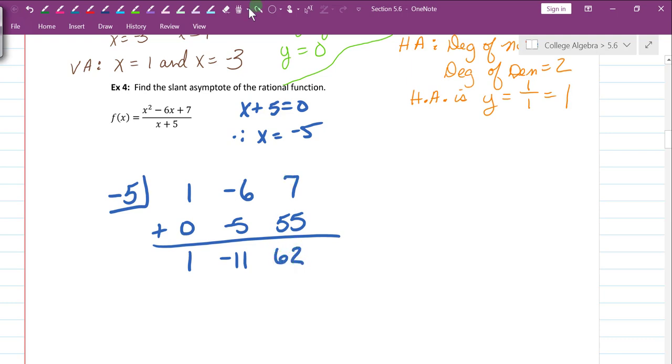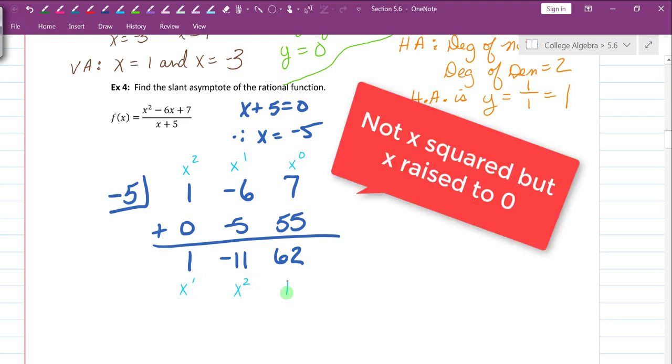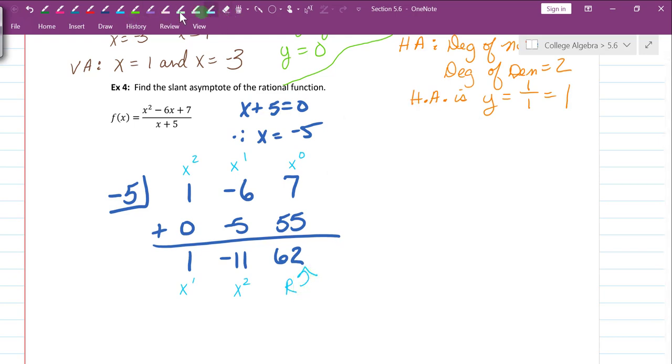So coming in, this is x squared, x to the first, x to the 0, and there's my remainder. So for the equation of the asymptote, we actually do not use the remainder. Everybody in class, pay attention. That was in the notes earlier today.